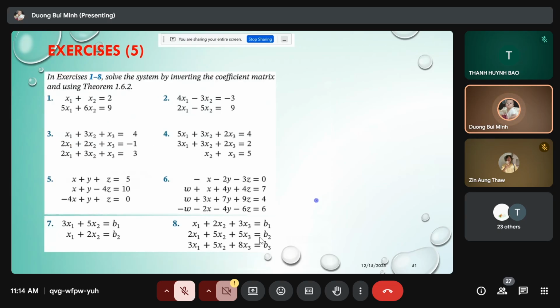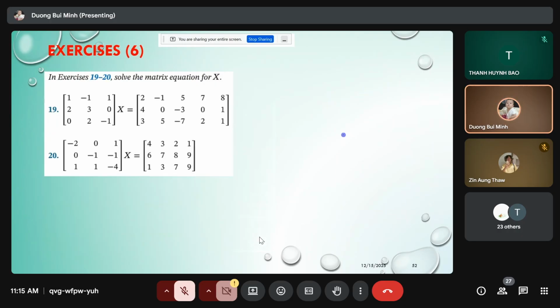So we finish session 2 and we have some exercises to practice. Exercise 5: solve the systems by inverting the coefficient matrix. That means we know A, we get the inverse of A, and then you can get X as the inverse of A times B. Solve the matrix equation for X. Very easy.